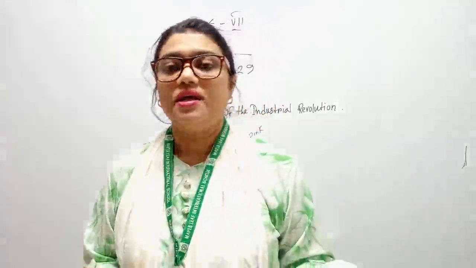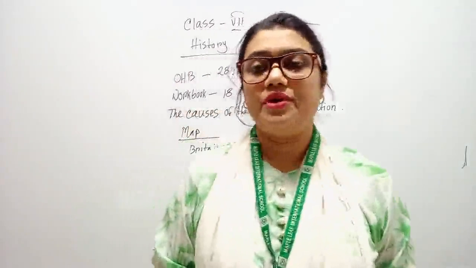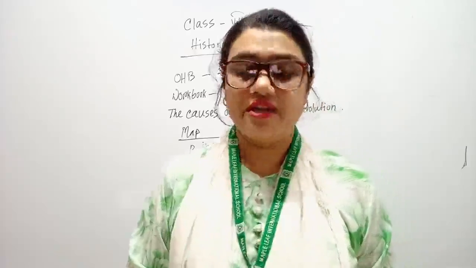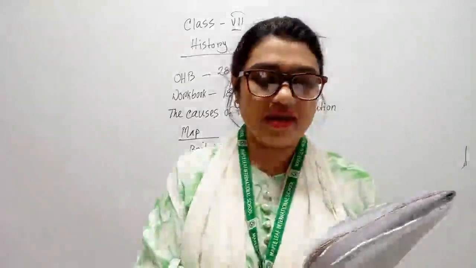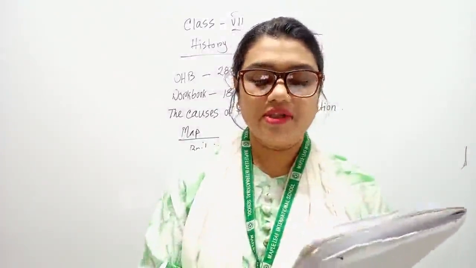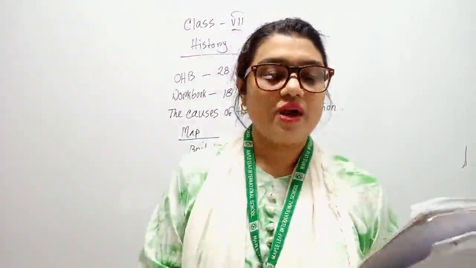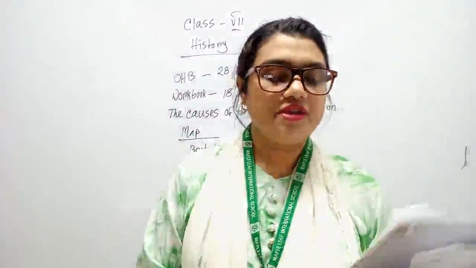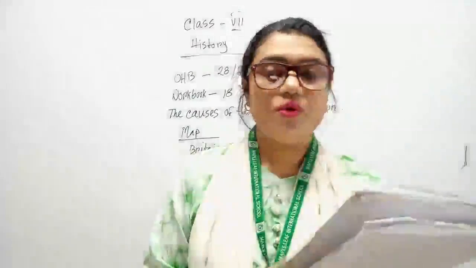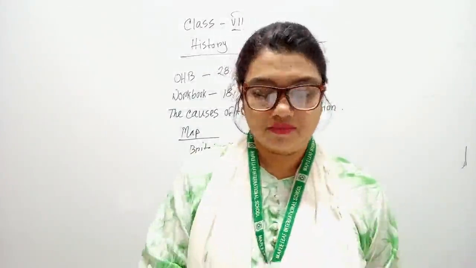If this question sentence came in your exam, it will be a true sentence. If there are changes like 5 main things or 6 main things help Britain become industrialized before anywhere else, that will be false. That's why it is very important that you read the questions properly to know all the information.